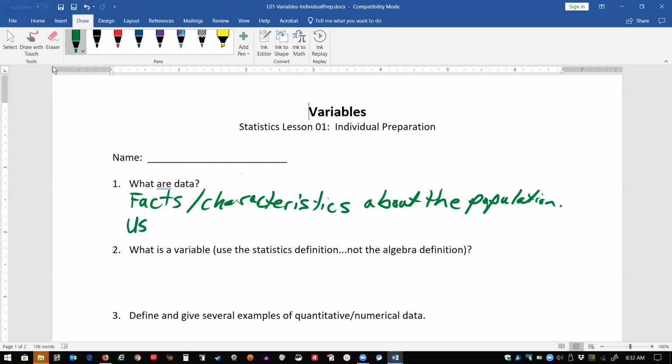And those facts we'll be able to analyze, right? So they'll be used in our calculating, reasoning, or planning.